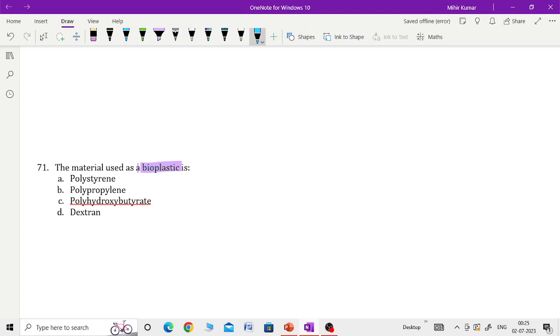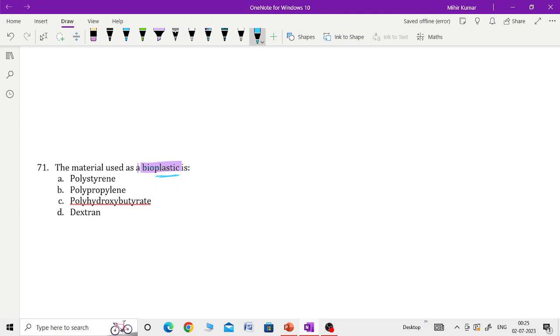The plastic term is self-explanatory. Plastic is a non-degradable material, meaning there are no bacteria that can degrade any plastic material. When you talk about polythene or plastic, there are no bacteria which degrade this compound.